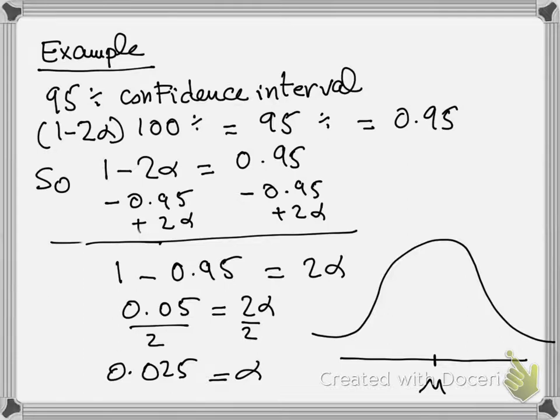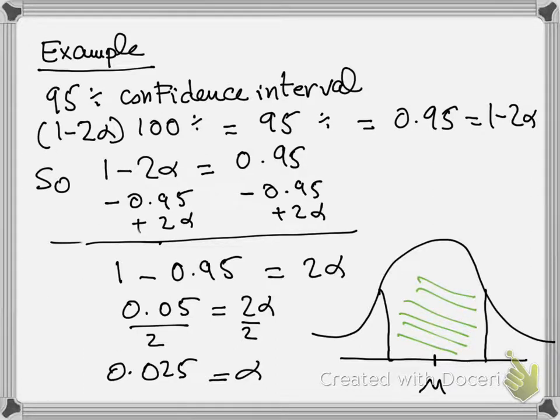And the 95%, that's the 1 minus 2 alpha, okay? So the probability that mu is in the confidence interval is actually 95%. So this is 0.95, which means that this area here, your mu is in this interval.